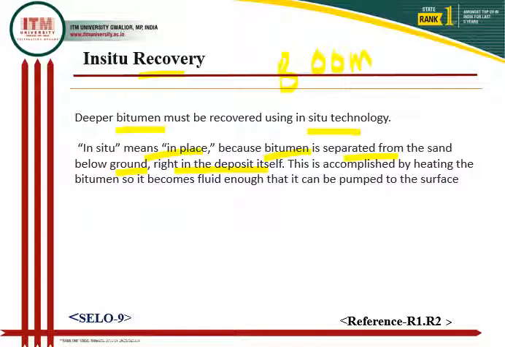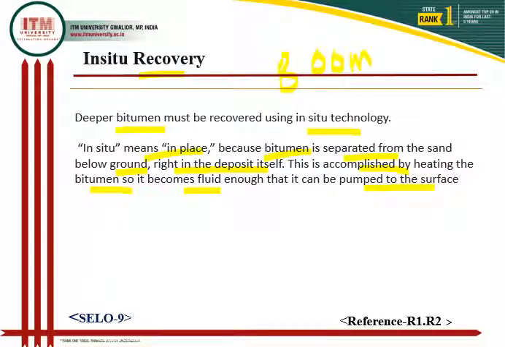That's why it is called in situ, meaning at that place only. Understood? This is accomplished by heating the bitumen so it becomes fluid, and when it becomes fluid it can be easily pumped to the surface.